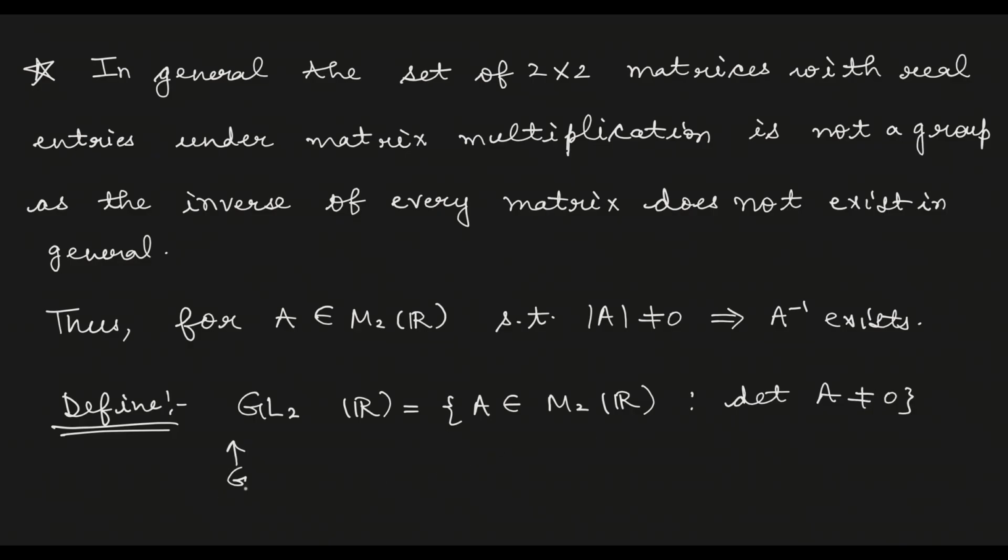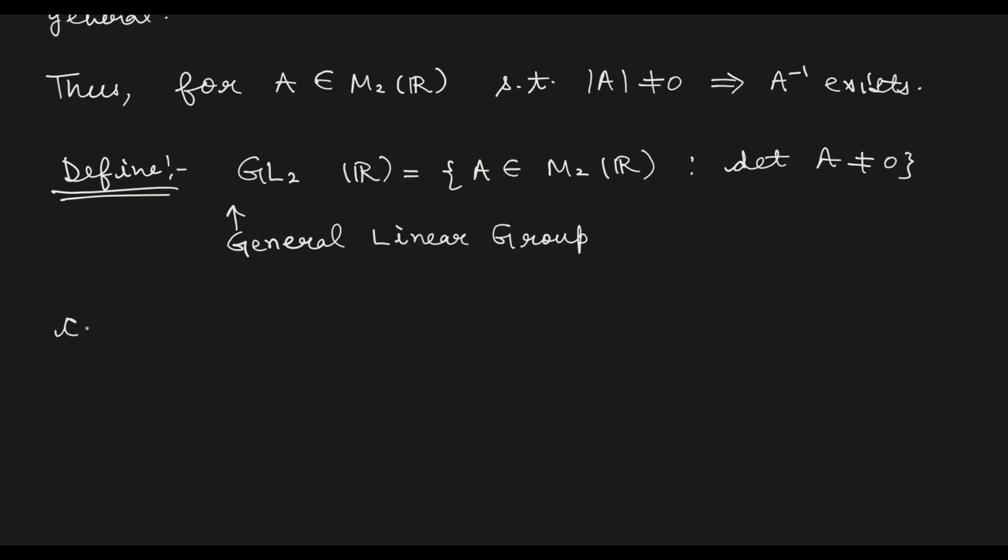This is the general linear group. It contains 2 cross 2 matrices whose entries are real numbers and whose determinant is non-zero. Now we will verify that this is a group under usual matrix multiplication.